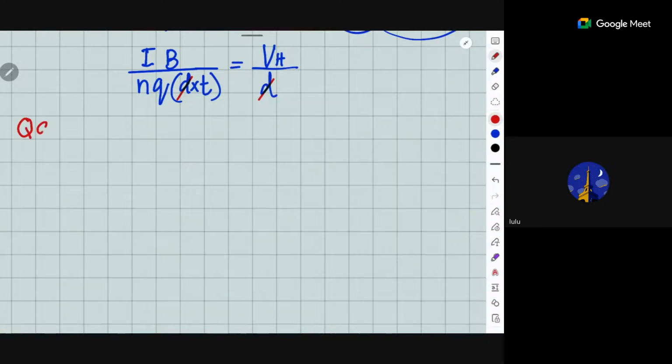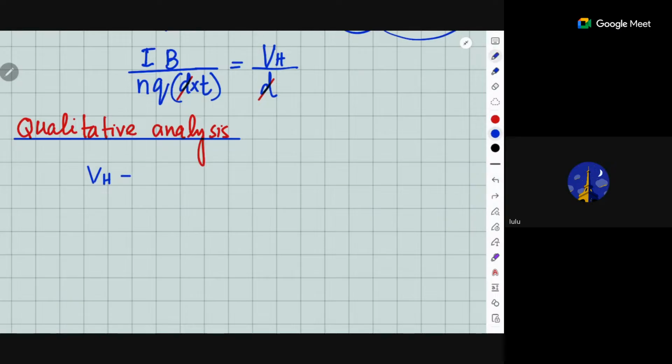Now there is some qualitative analysis of this equation. The qualitative analysis is: this Hall's voltage is directly proportional to what?